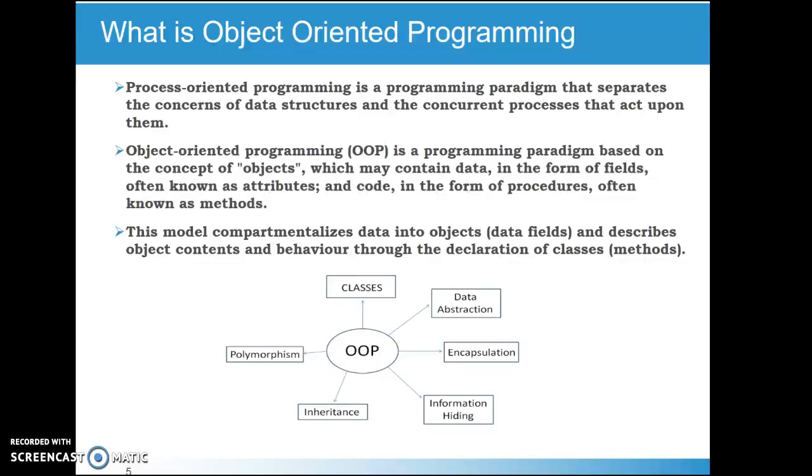Each object has its state and behavior. The state defines the number of variables associated with it. The behavior represents the number of methods working with that object. So each object has its own properties belonging to that class.